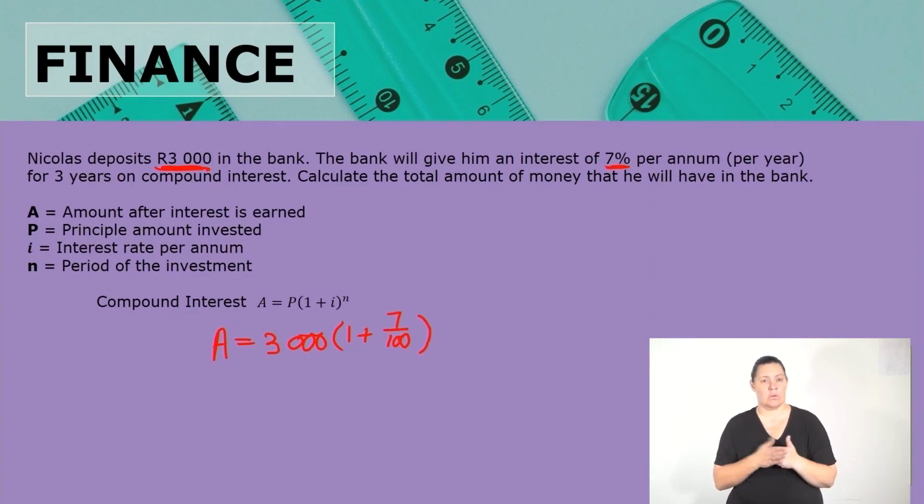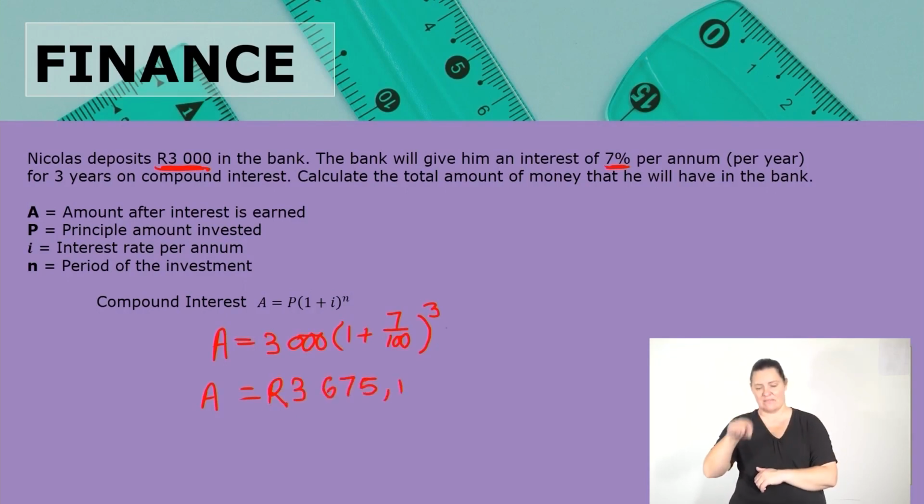We're going to close that bracket, and then in the place of n, which is in the exponent, we are going to put in the 3, which is for 3 years. Right? And as you've written it down, you are going to punch it into your calculator. And when you punch it into your calculator, you are going to find a final answer of? Yes, you have it, 3,675 rands and 13 cents.